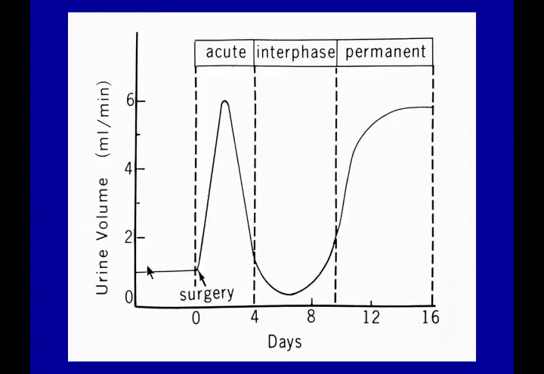So now I'm going to show you an interesting case of what would happen if you went in and removed the lesion high up in the hypothalamus, so that you essentially ruin the ability to make ADH. Immediately you would not have any ADH around, and urine volume would rise precipitously. That would be the acute phase. Now those neurons would degenerate by Wallerian degeneration, correct?